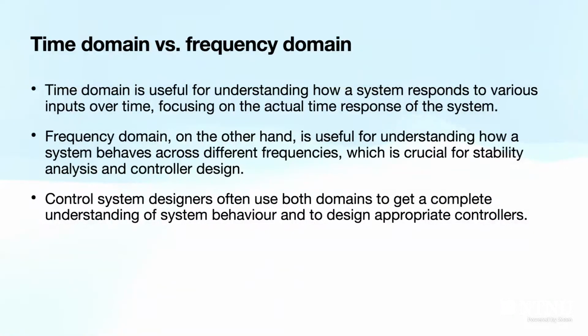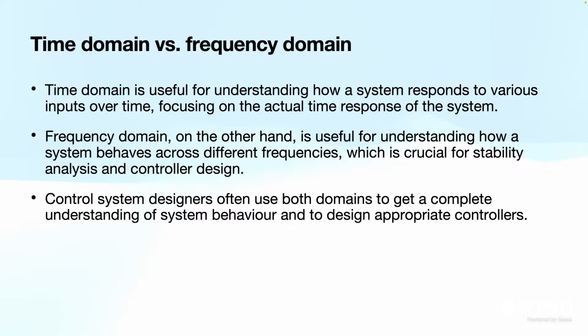Time domain versus frequency domain. Time domain is useful for understanding how a system responds to different inputs over time, focusing on the actual time response of the system. We understand time response. It's easy for us because we are living in the time domain, not in the frequency domain.